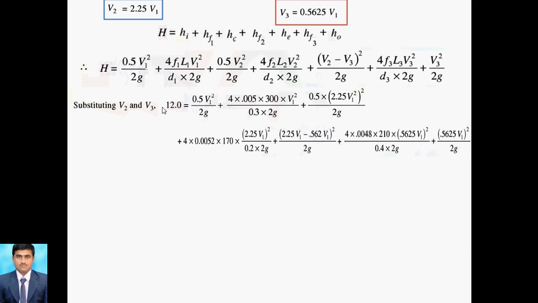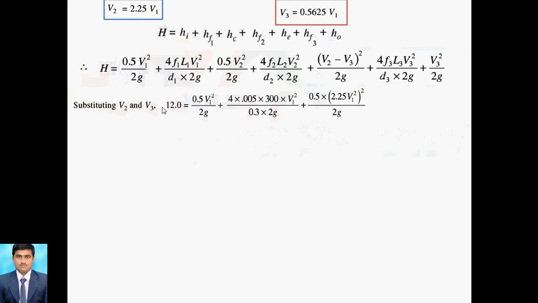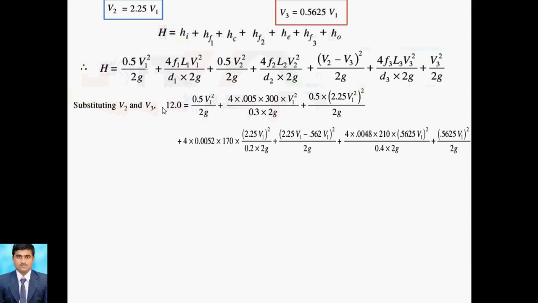We are putting in these values, so we get 0.5 V1 square by 2G. F1 is given, L1 is given, V1 is as it is, with D1 = 0.3, times 2G, plus 0.5 plus 2.25 V1 squared, because the V2 value is given. Then plus the friction loss, then we go for the enlargement. Likewise we put in the values for F2 L2 and V3.